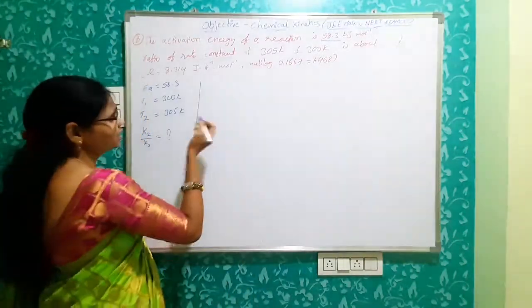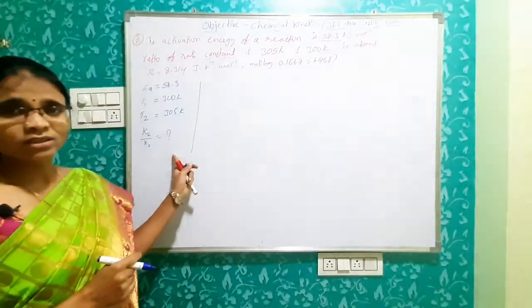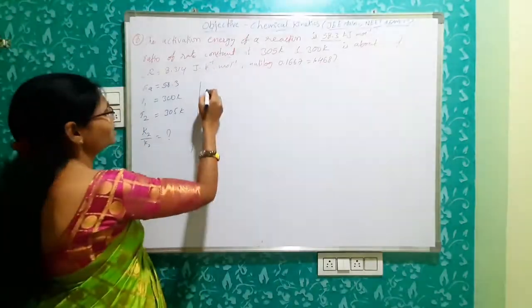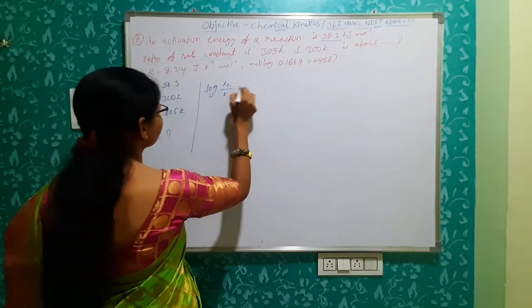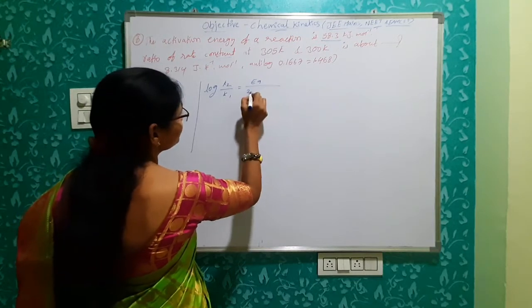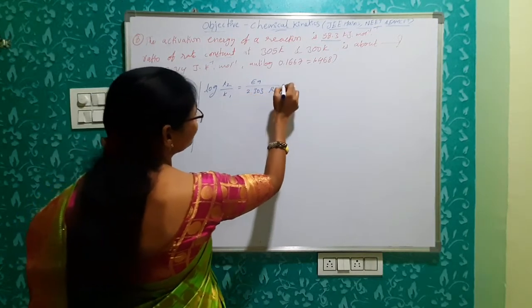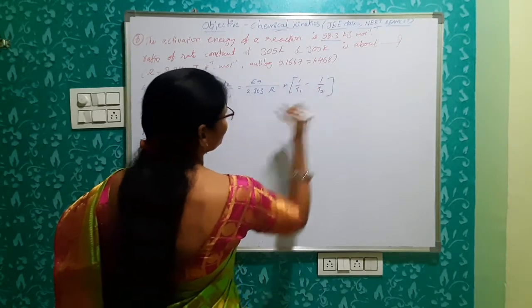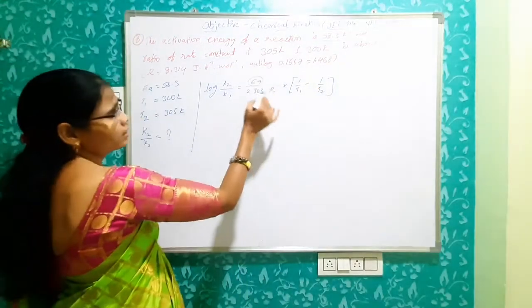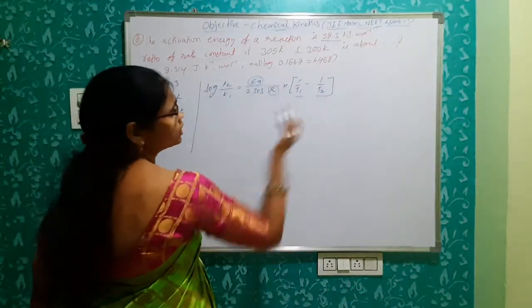So what is the formula? You can do it. Very simple, I will write the formula. Log K2 by K1 equals EA by 2.303 R into 1 by T1 minus 1 by T2. EA is given, R is given, T1 is given, T2 is given.